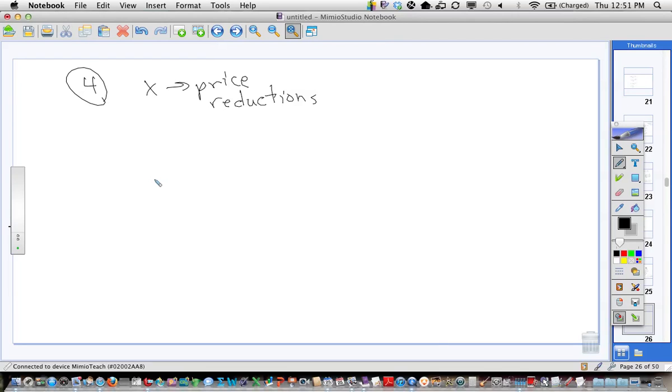And how much can I make on one mug? Well, I can make $1, right? Because I can sell it for $1. But then I have to subtract off the 60 cents that it cost me to make the mug. And I have to subtract off the amount of my price reduction. So how much would I subtract for my price reduction?